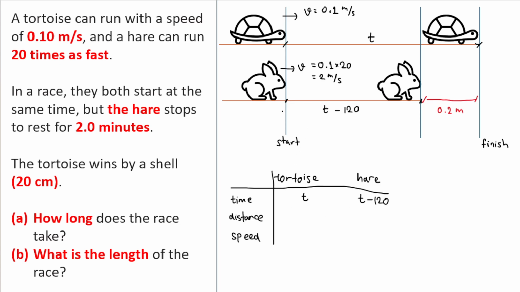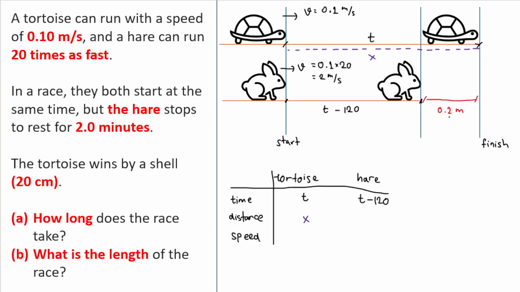And then for the distance, let's assume the distance from the start to finish is x. That is our distance from start to finish. The tortoise goes all the way from start to finish, so I will have x.